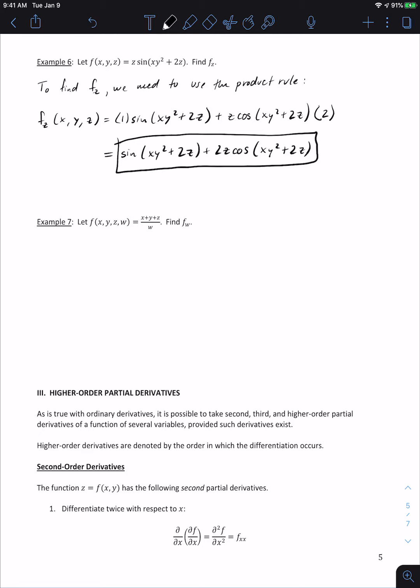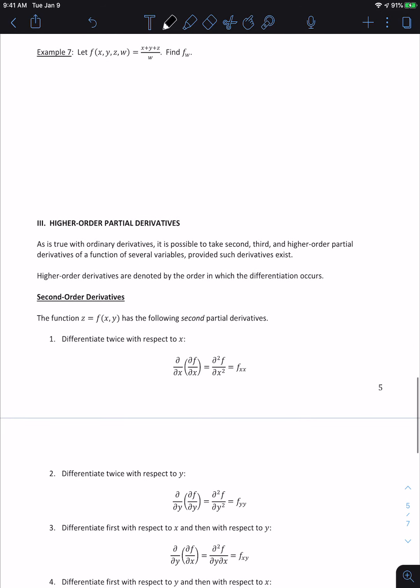Okay, so how about this next example? This is a function of 4 variables, right? And I want to find the partial derivative with respect to w. So I'm going to first rewrite. I could try to do maybe the quotient rule, but notice that this whole numerator has no w's in it, and I want to find the partial derivative with respect to w, so it's kind of like a constant.